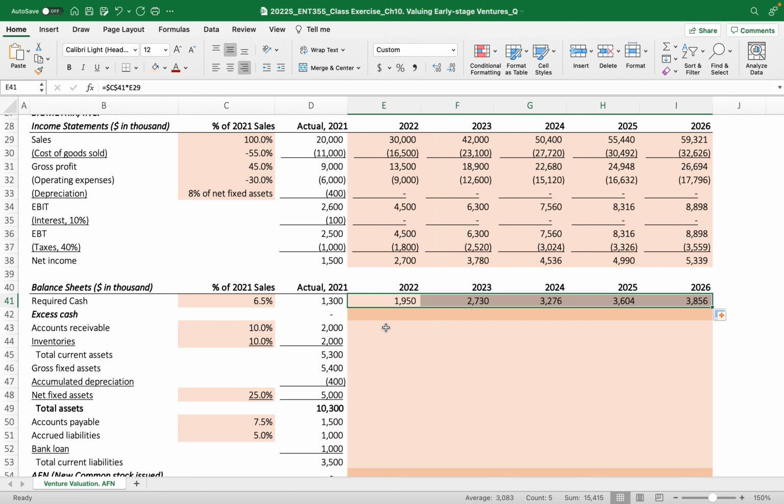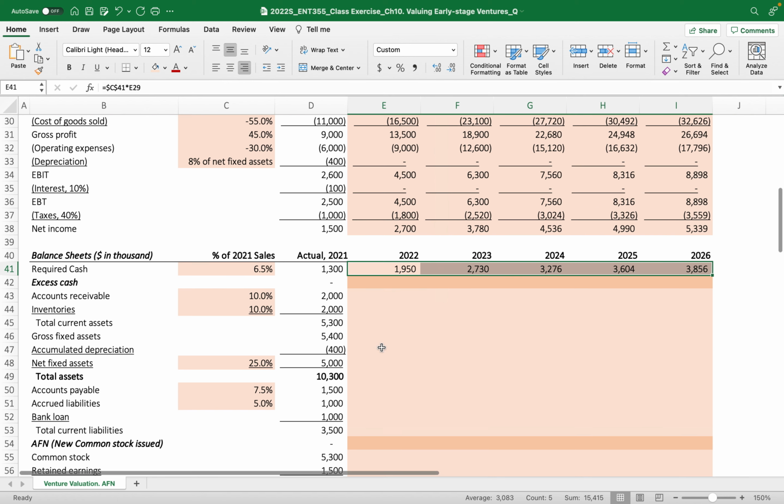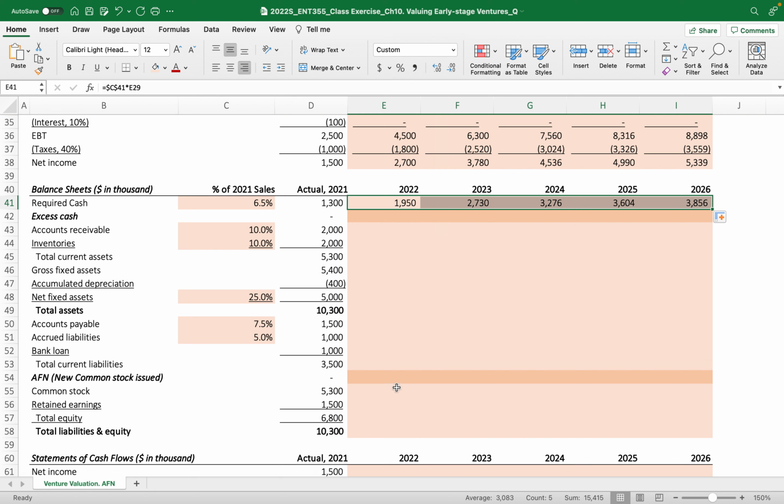If the total liability and equity is greater than the total asset, that means the company now generated excess cash. But if total asset is greater than total liability and equity, that means they need more cash. That means the shortage of the cash will be made up by this additional fund needed. Okay, we'll see how to calculate excess cash or AFN.